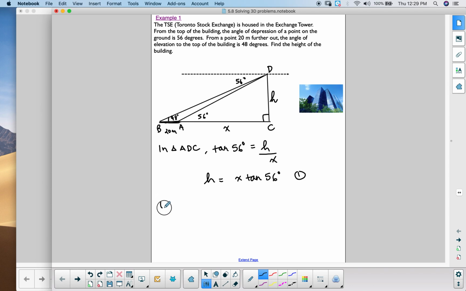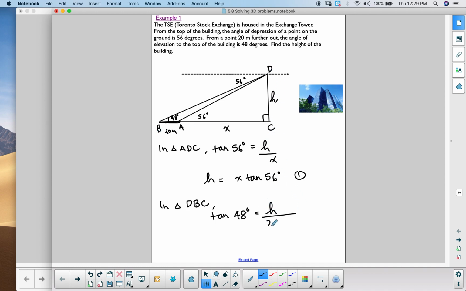In triangle DBC, which is the second right triangle, so it's this larger one here, we notice that tan of 48 degrees equals H over, so the opposite side over adjacent side.